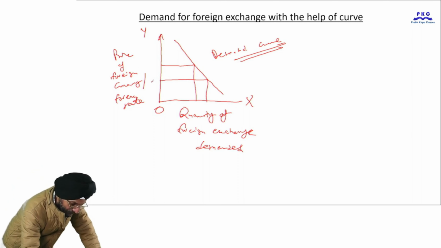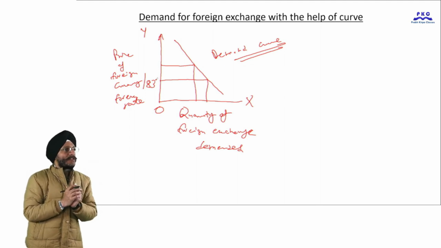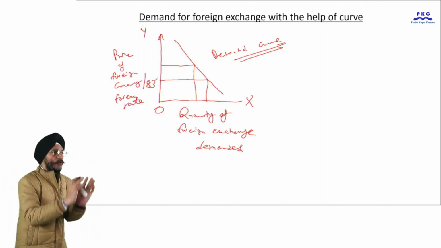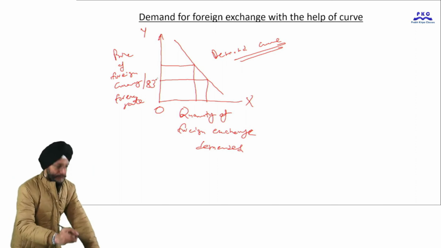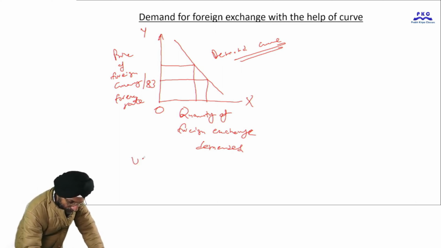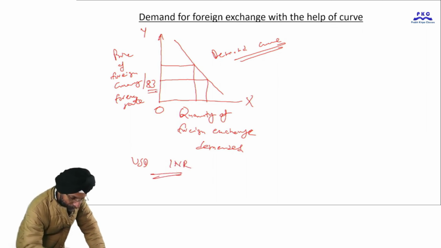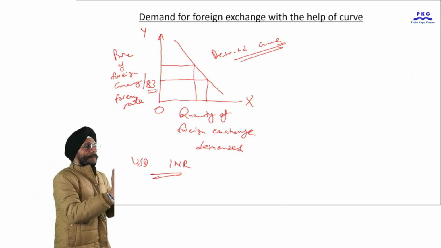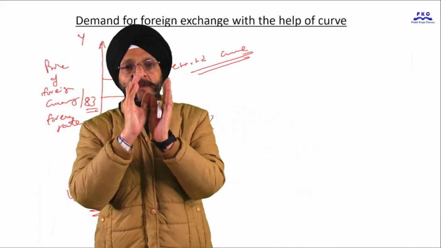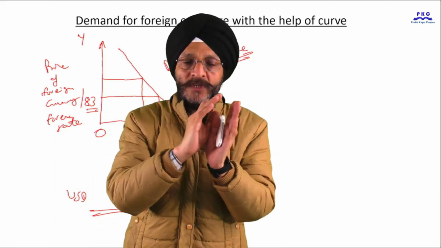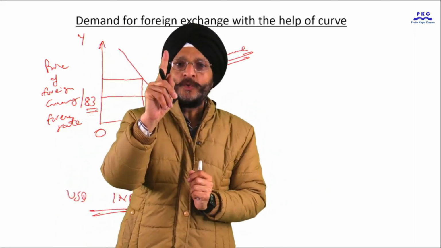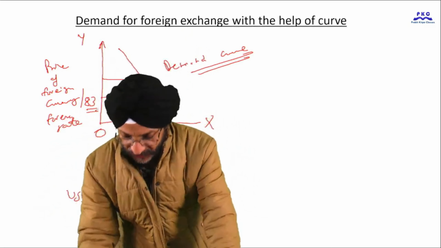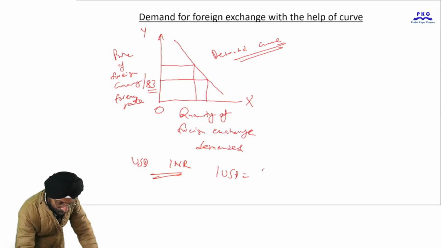Suppose the price is of US dollars in relation to Indian currency. Here we are talking about US dollars and Indian rupees. This is the exchange rate between US dollars and Indian rupees. So one US dollar, suppose at present, is equal to 83 Indian rupees.